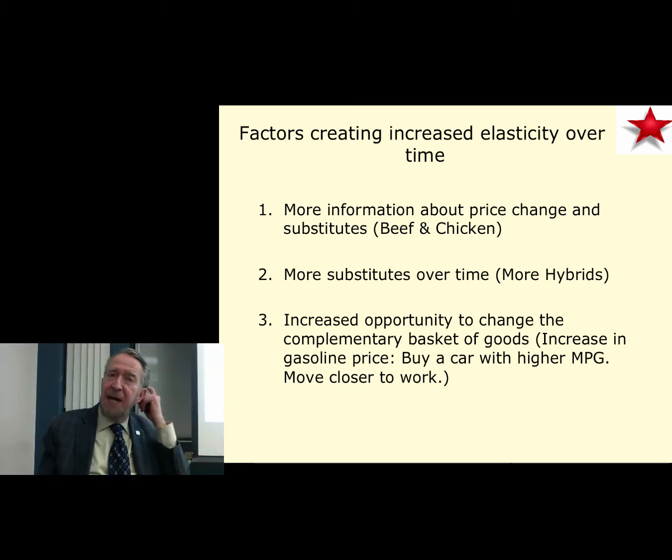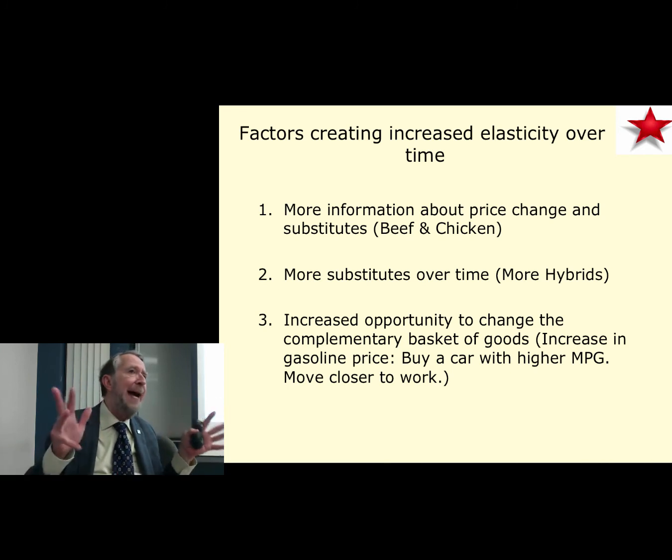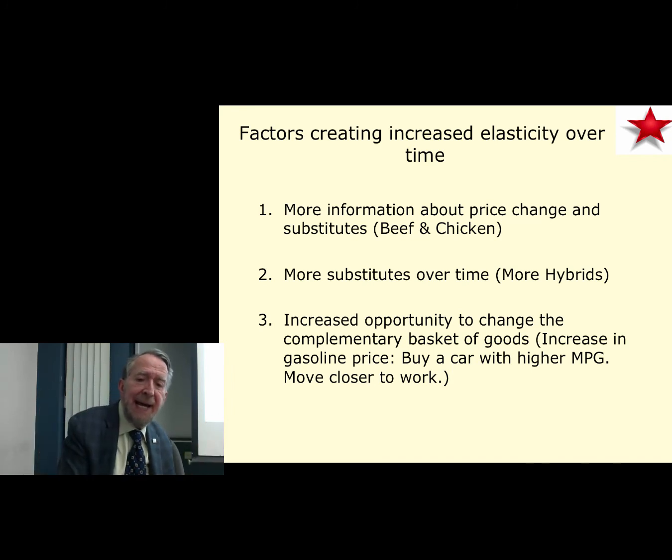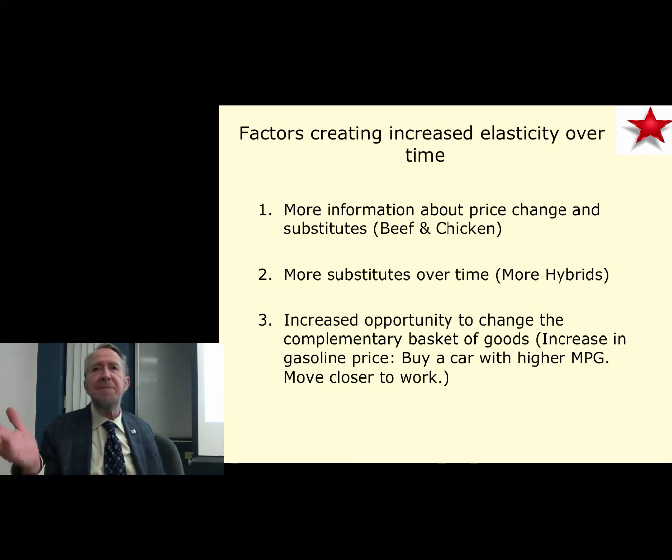And finally, over time, you have an increased opportunity to change the complementary package of goods that determine how much you buy of something. In this case, the automobile is a complementary good to the purchase of gasoline. So over a longer period of time, you're going to adjust more.